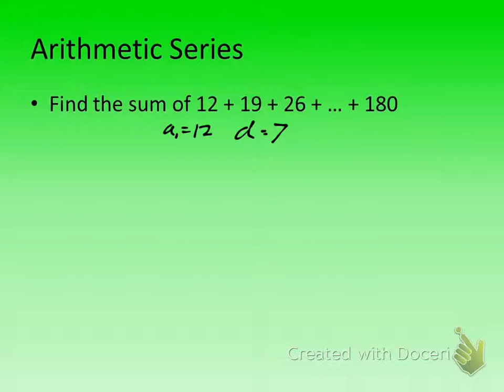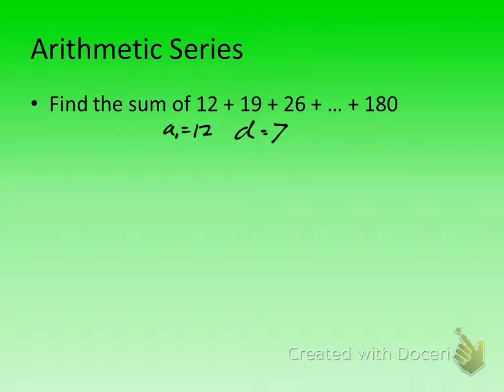What else do you know that you need to know? This one's tricky. a sub n, which is 180. You know a random term way out here, and you know the last term. And that's the key, because what we need to figure out is exactly how many terms there are between 12 and 180.